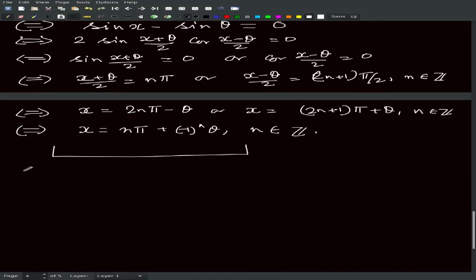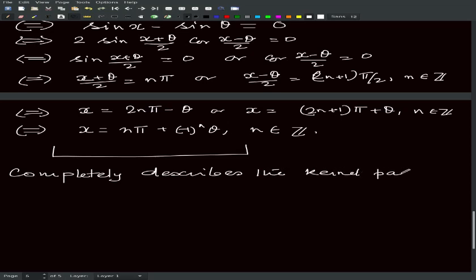sine, the kernel pair relation of sine. How is it?